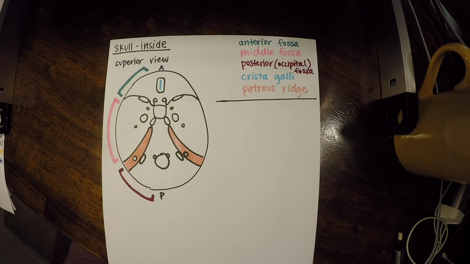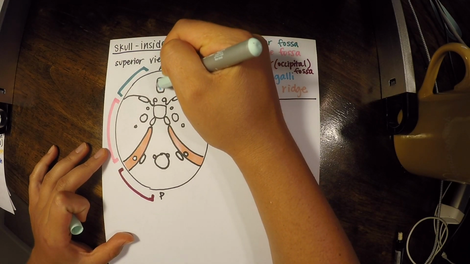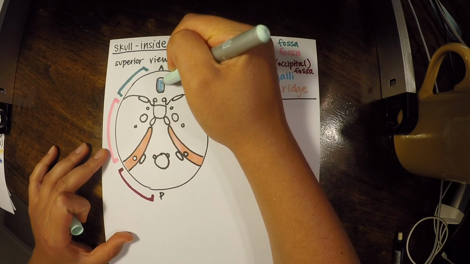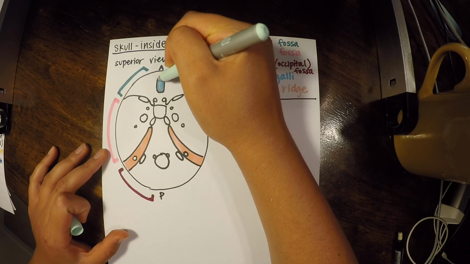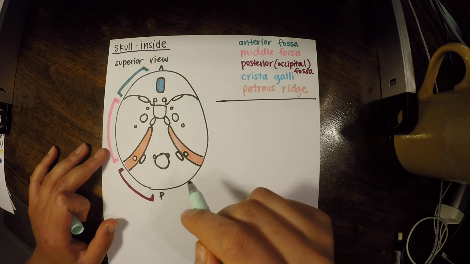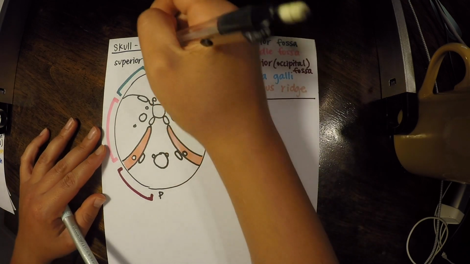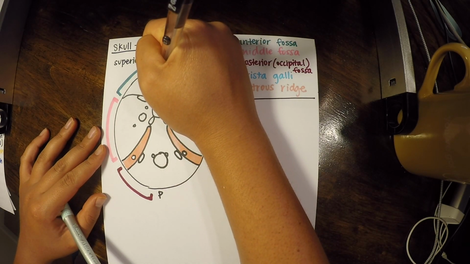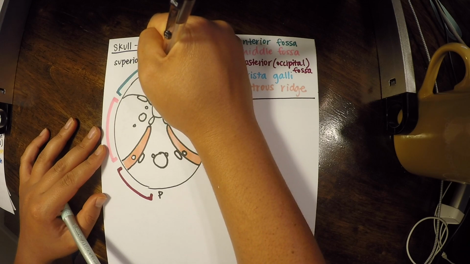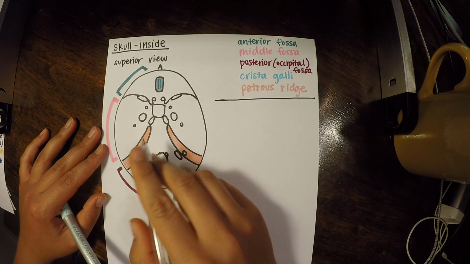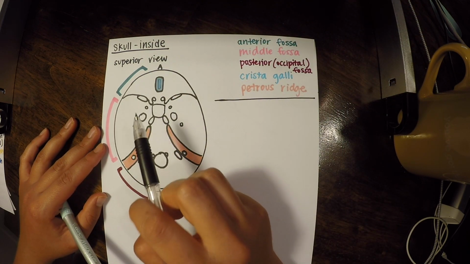Alrighty, so our first one is going to be our cribriform plate, which is actually part of the ethmoid bone, and our cribriform plate is right here. Basically that structure, the crista galli, sticks up from it. I chose two colors that are pretty similar, so I'm going to draw a little outline here so you can see distinctly where the border of the cribriform plate is and where the crista galli sticks out.